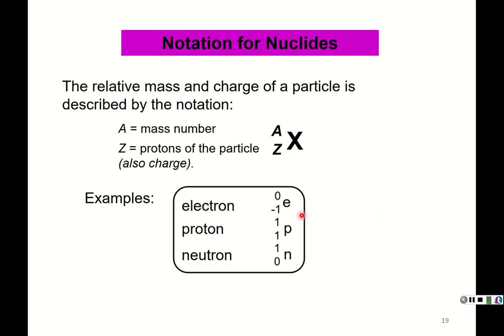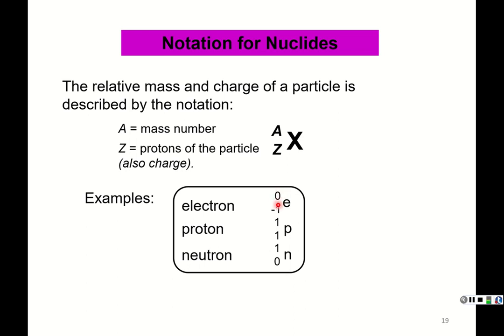So for example, if we wanted to write an electron, talking about subatomic particles now, the X is not going to be the chemical symbol on the periodic table. For an electron it will be a lowercase e, a proton is a lowercase p, and a neutron is a lowercase n. Electrons don't have any mass to them.